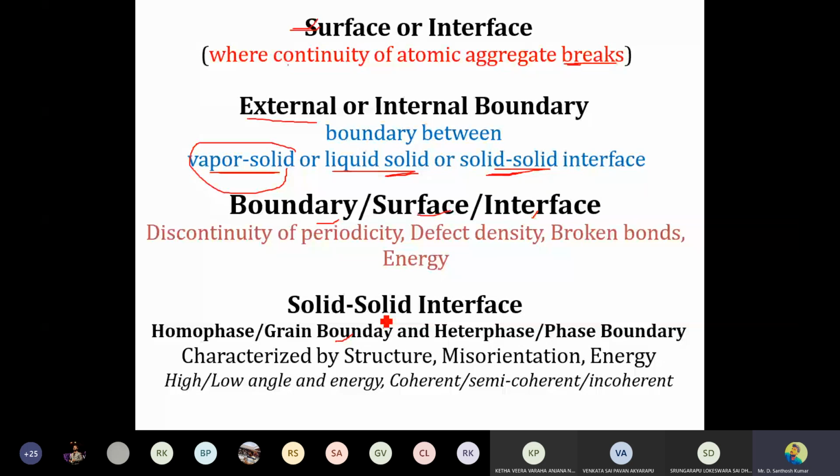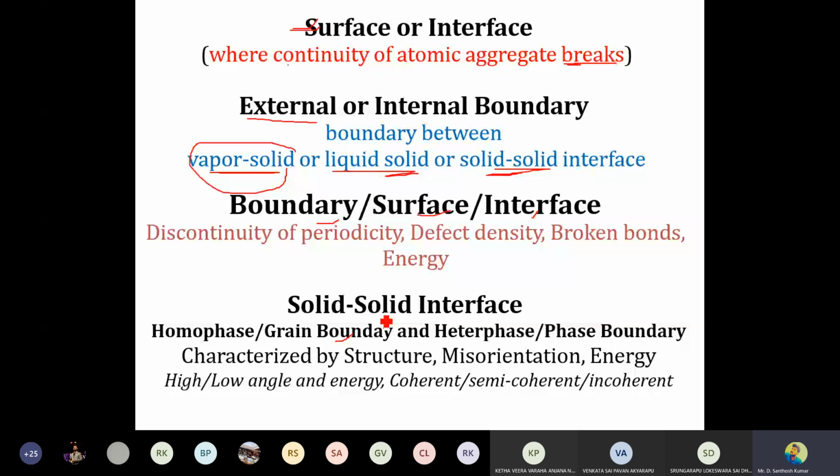So that you clearly understand what the grain boundary is: the entities across a particular boundary have the same crystal structure and the same composition, but differ only in orientation. Then we simply call it a homophase or grain boundary.